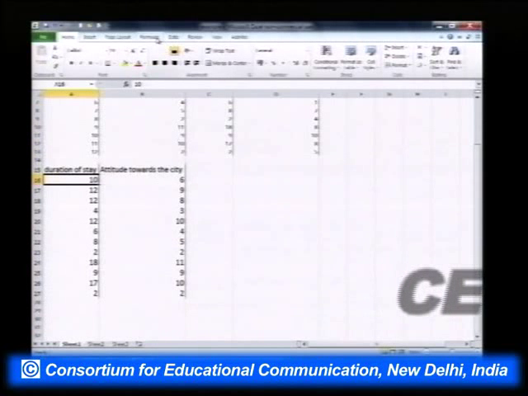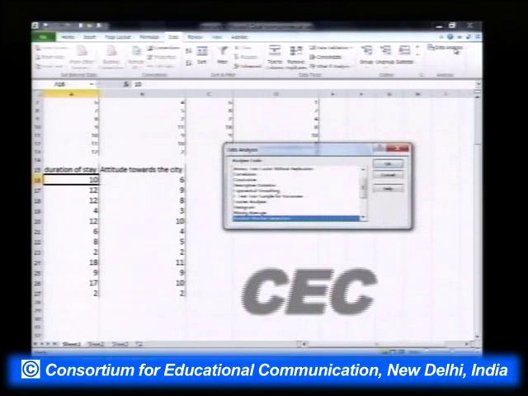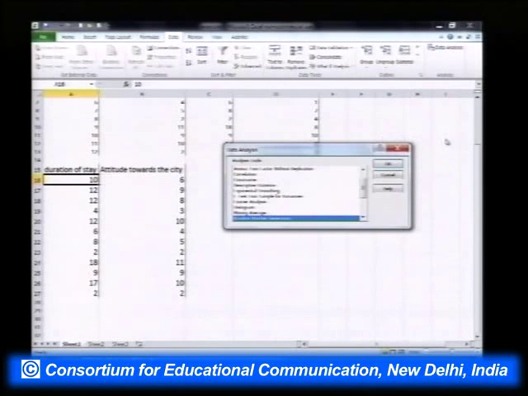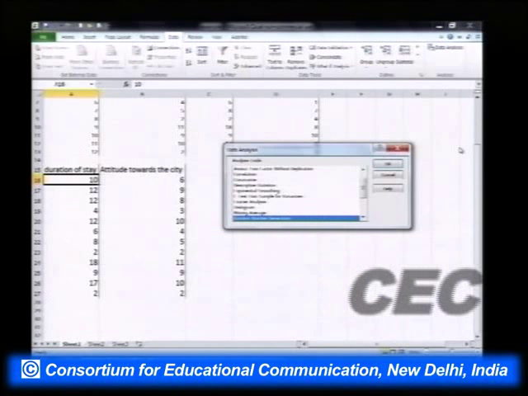Now we can calculate the correlation coefficient. We first go to Data, then from Data to Data Analysis. This type of dialog box will appear. If you recall, this was the same dialog box that appeared when we were doing ANOVA, and ANOVA is still featuring as the first option.